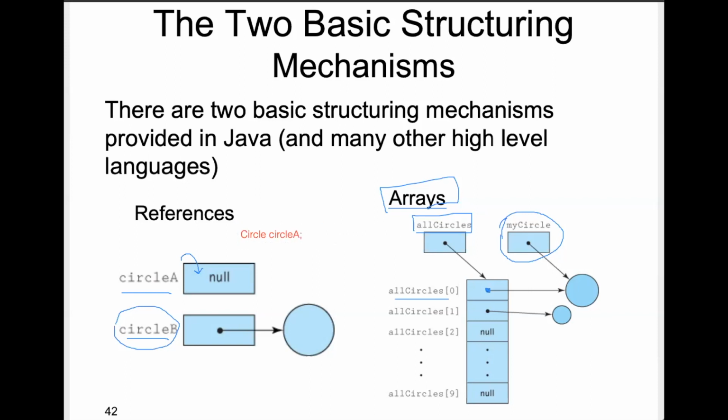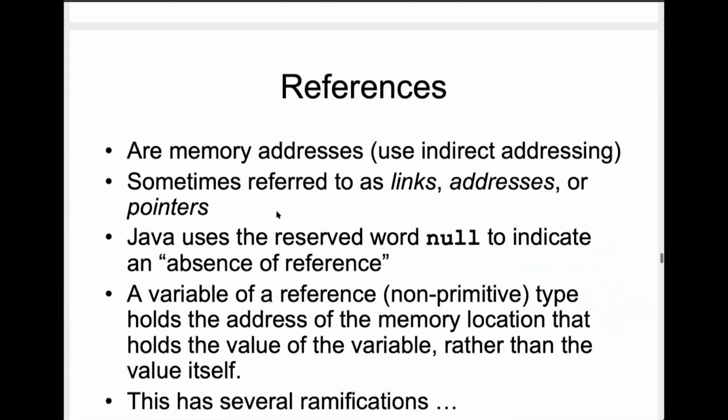All reference variables like this have a default value of null. If you say circle B is this particular object, then this means that you can have circle B equal this object. This allows you to have this association. Let's move on to the next one.